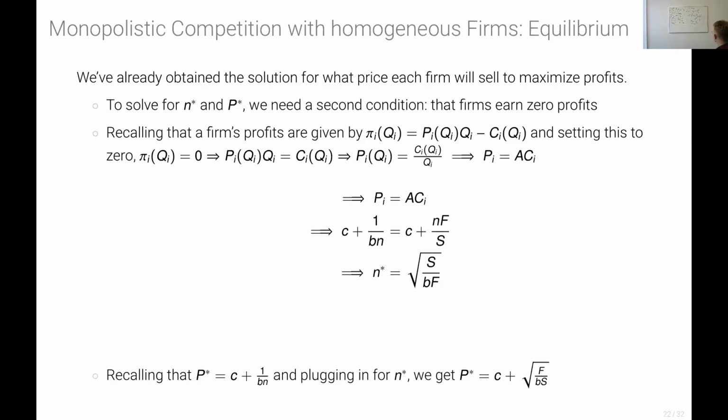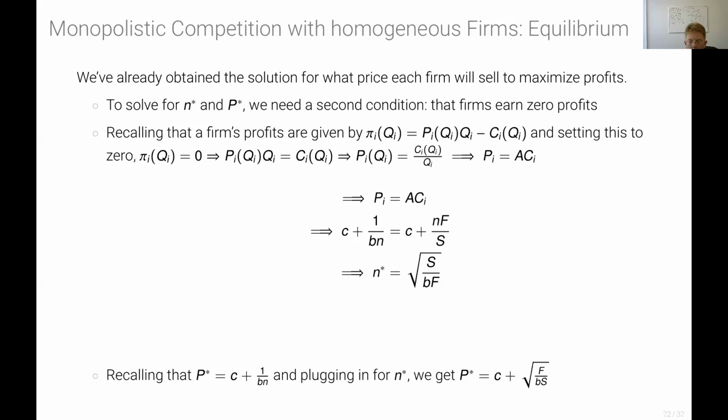Yep, so that's right. So then we get that P star is equal to C plus the square root of F over SB. So that's going to be the price that we derive.